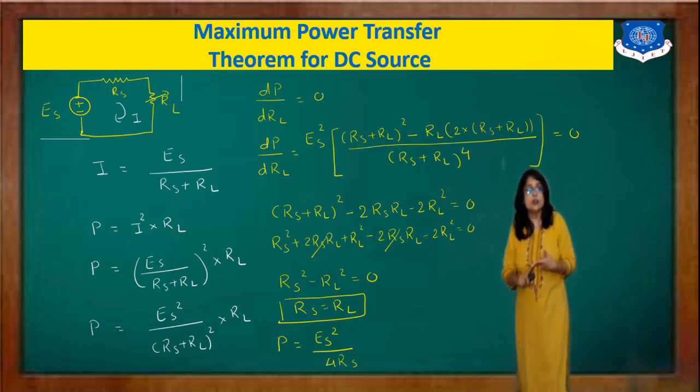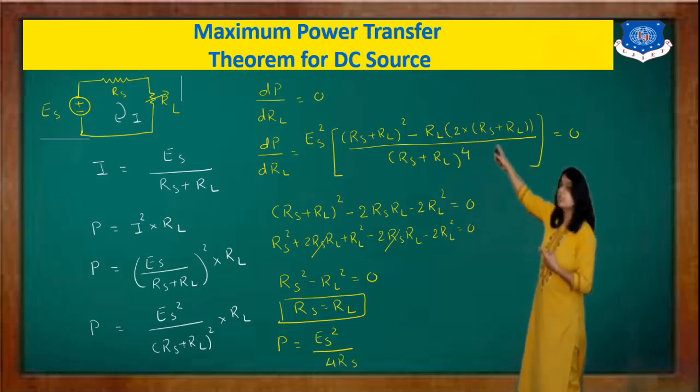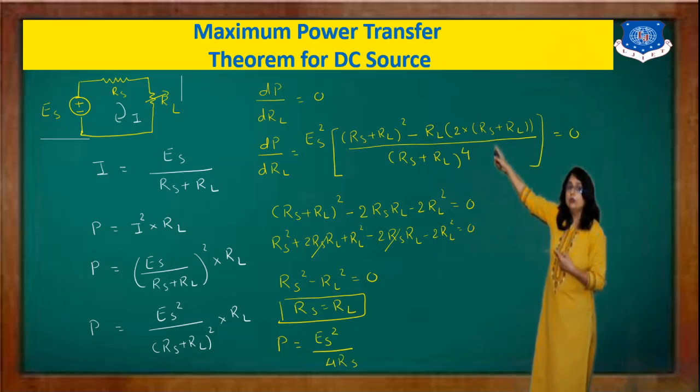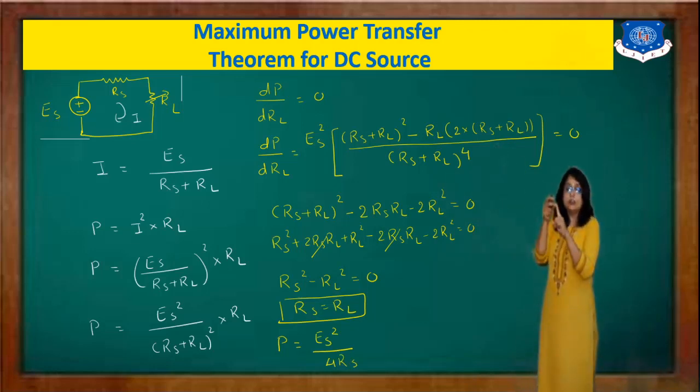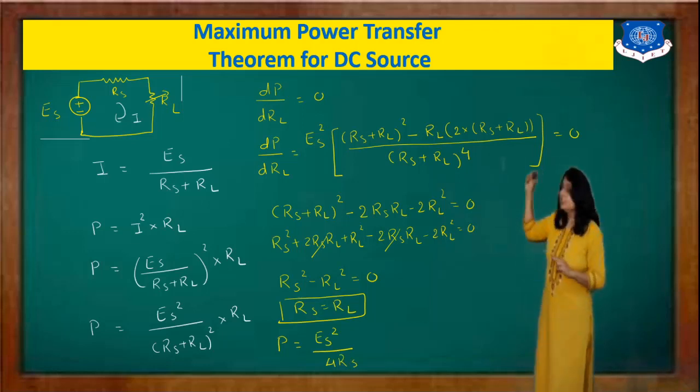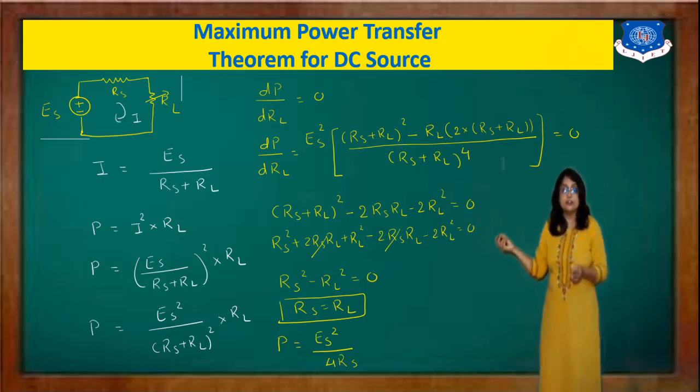You have to convert your given network into this network. And how can you convert it into one voltage source in series with a resistance? Yes, you can use the Thevenin theorem.